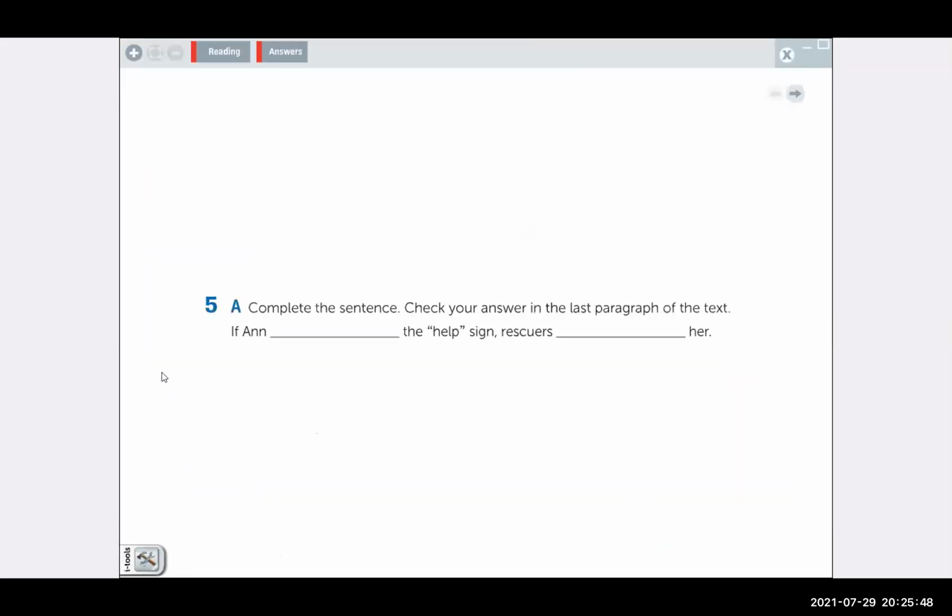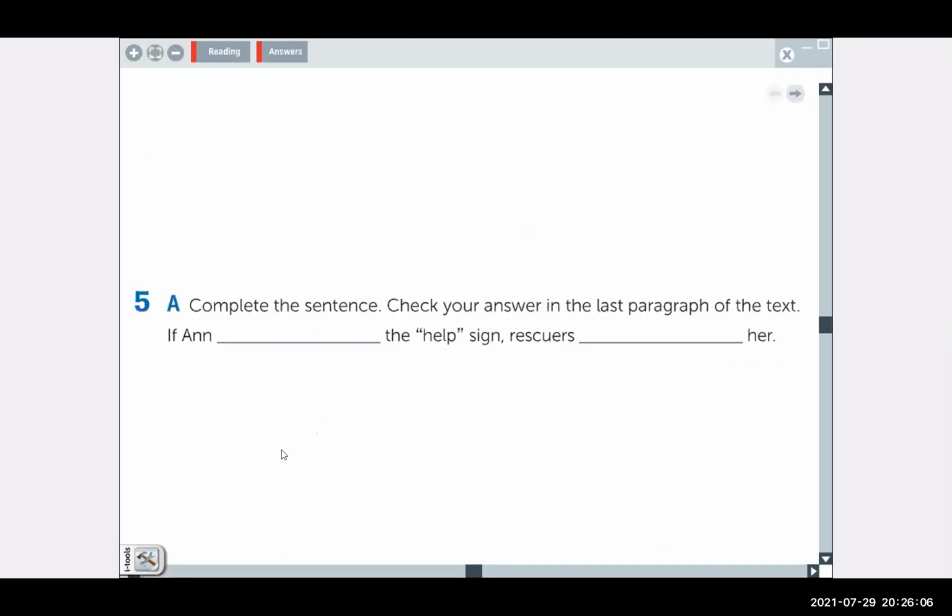Here we have exercise number 5. Complete the sentence and check your answer in the last paragraph. Okay? Don't read the last paragraph. Try to complete it with your ideas, and then we're going to check. If Anne, the help sign, rescuers her. What can we say? How can we form a third conditional sentence in this situation? If Anne, ¿qué podríamos decir?